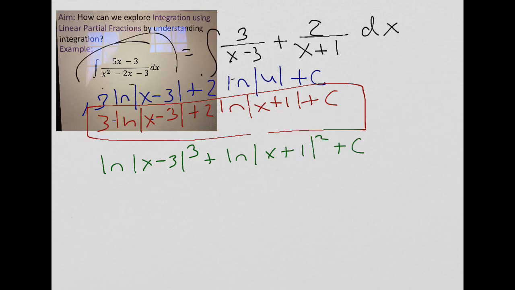Another thing that you can do is write it as either a fraction if there was a subtraction sign between my two logarithms, or a product. So you can actually write this as a product.